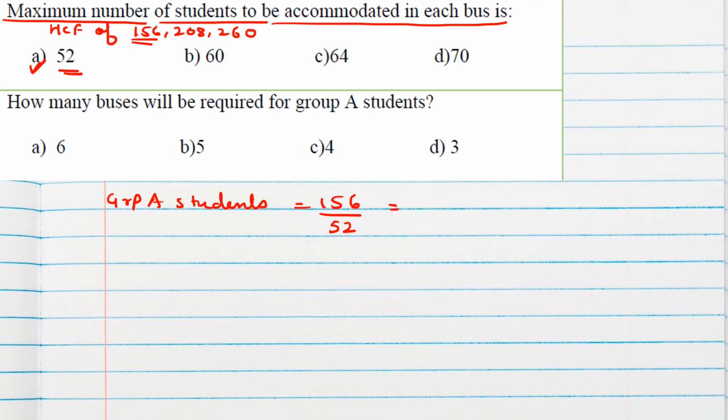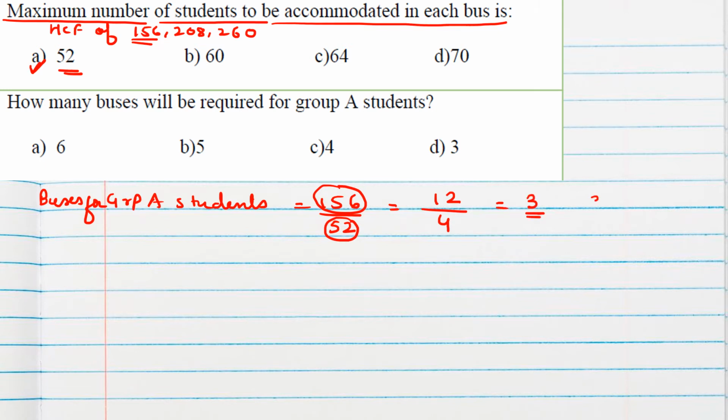So the buses for group A students will be given by total number of students in group A divided by number accommodated in each bus. From 13 if we cancel, 4 will come, then 4 threes are 12.